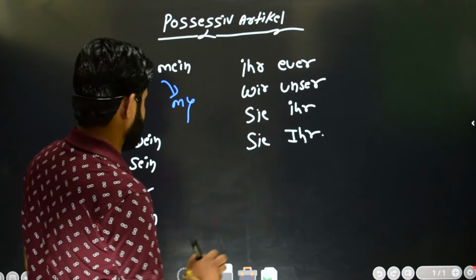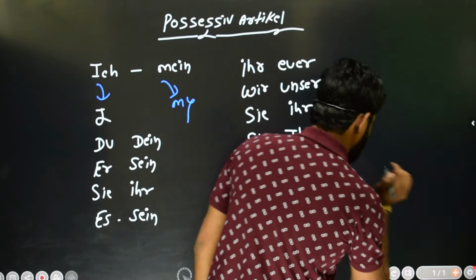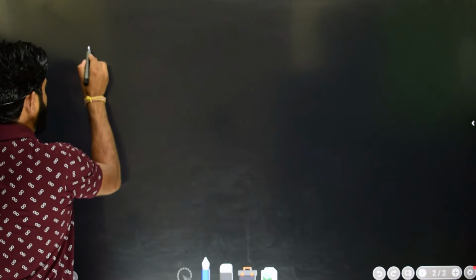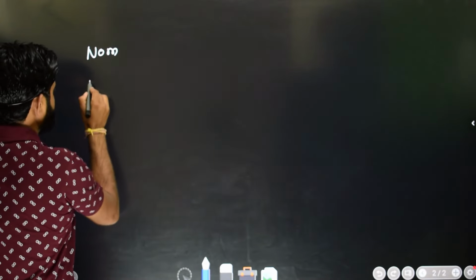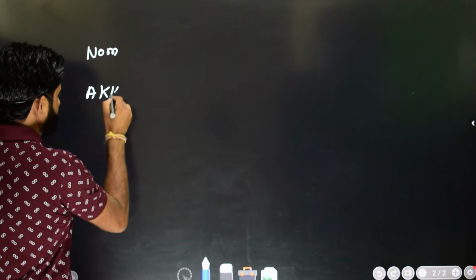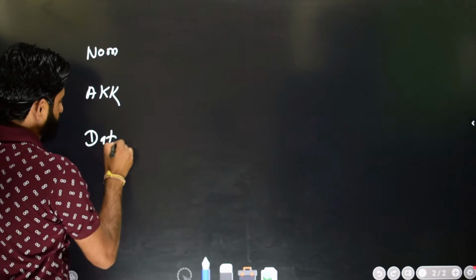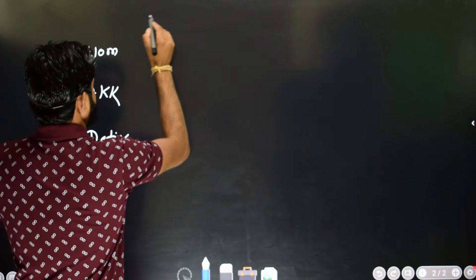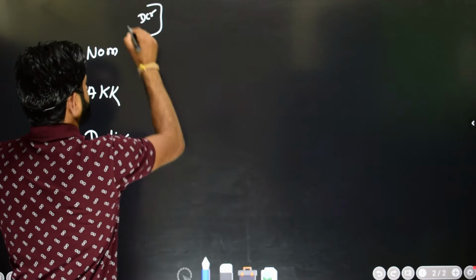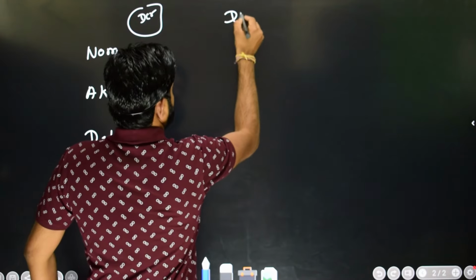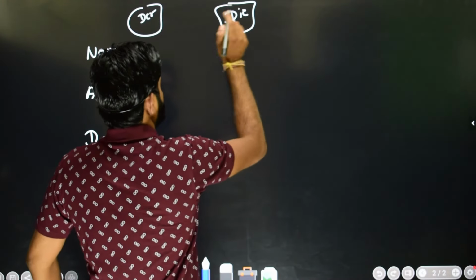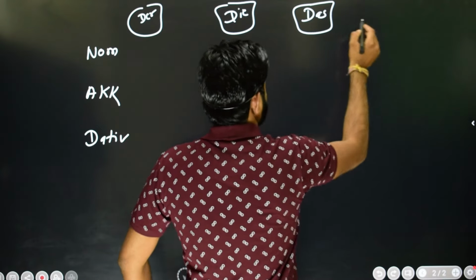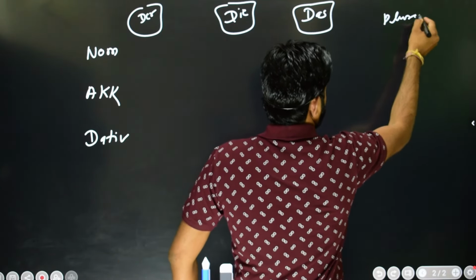So let's take an example. What will be the table for these possessive articles? I am taking the example of mein. First of all, I am going to write here the cases: nominative case, accusative case, and dative case. If the article is der, that is masculine, die article is feminine, das article is neutrum, and plural.